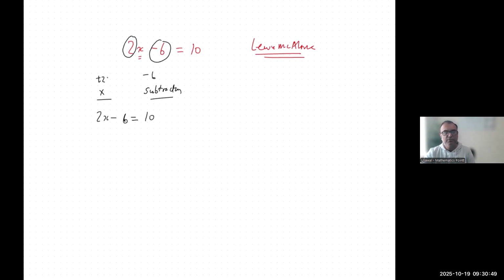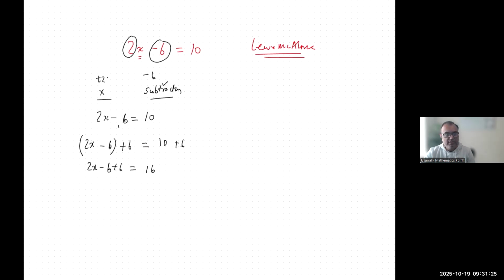Let's get rid of 6 first. This 6 is a subtraction, so the opposite sign of subtraction is addition. I'll put this in the bracket and I'll say plus 6 equals to 10 plus 6. I open the brackets up and it becomes, on the left hand side, 2x minus 6 plus 6. On the right hand side it is 10 plus 6 is 16.